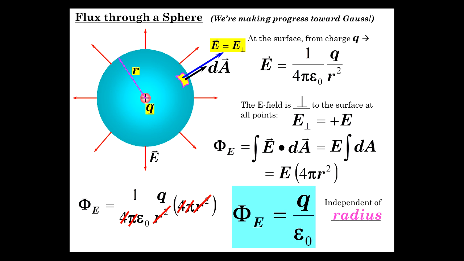It's independent of the radius because no matter what the radius is, all of the field flux passes through that surface area. If the radius is smaller, it's just a more intense electric field. So electric flux through an enclosed sphere like this is q over epsilon 0. A very simple and very important result.